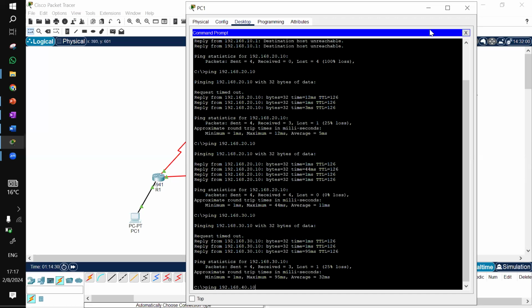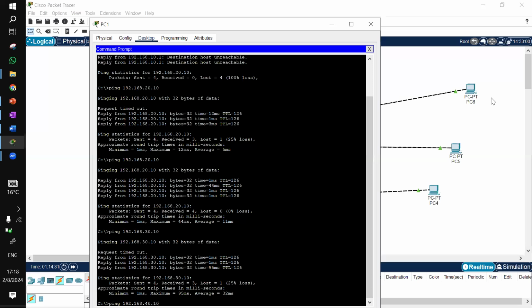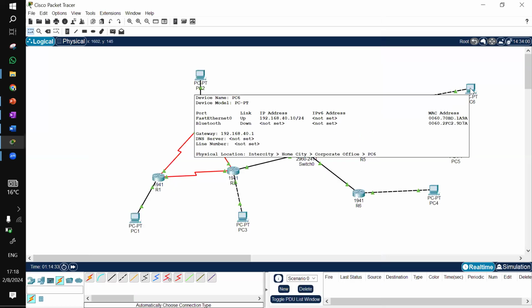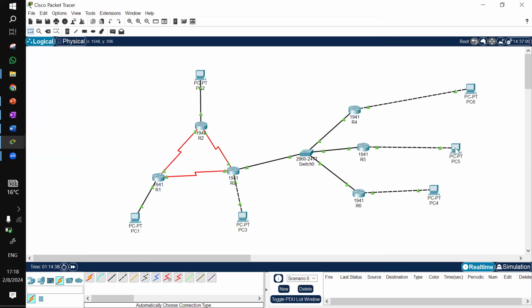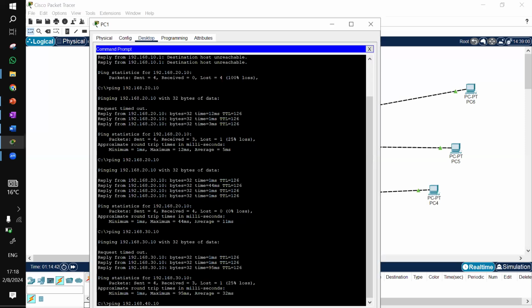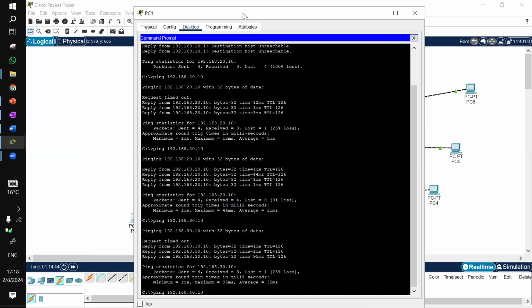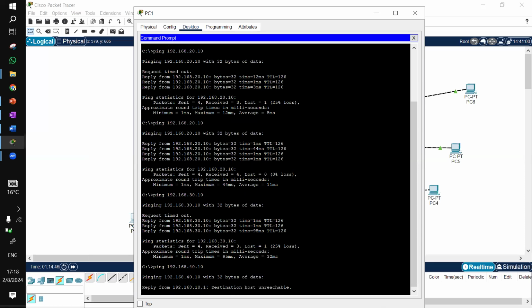Is it dot 40.10? 40, 50, 60. I think this is 40. PC is 40, yes. This is 50. This is 60. Okay. Let's ping the 40. This is the one we're going to use. Right. Destination host unreachable. We now know what that means.